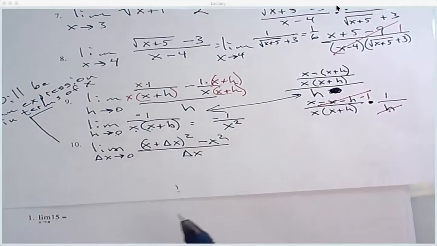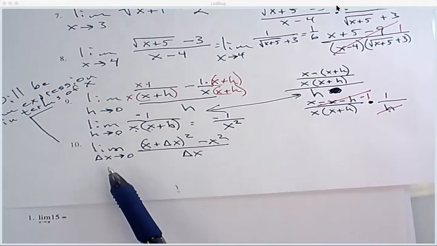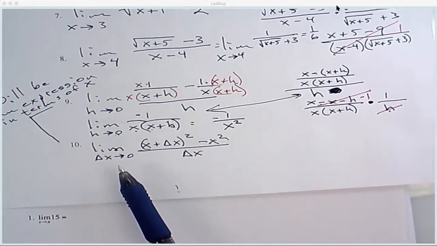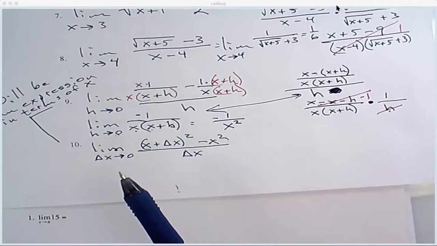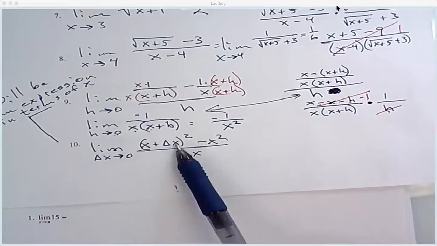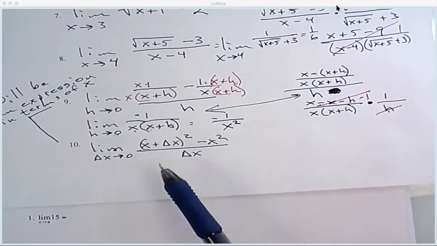Now, some people are afraid of delta x because it's just too weird. So they get rid of delta x and replace it with h. So this would become an h, this would become an h, and this would become an h, because they like h.